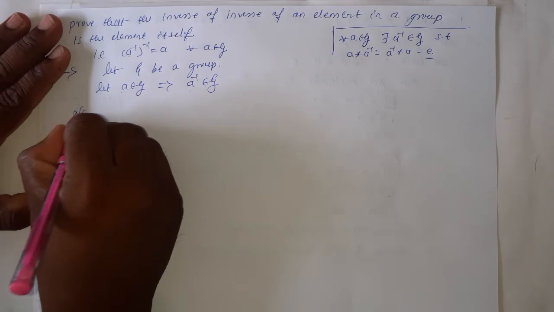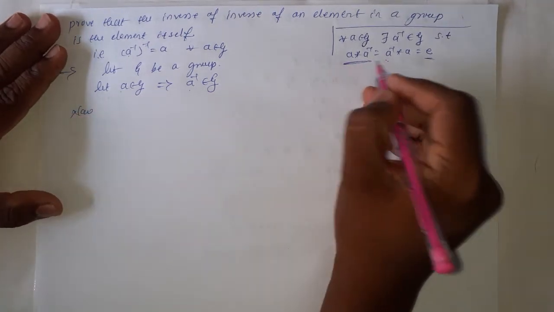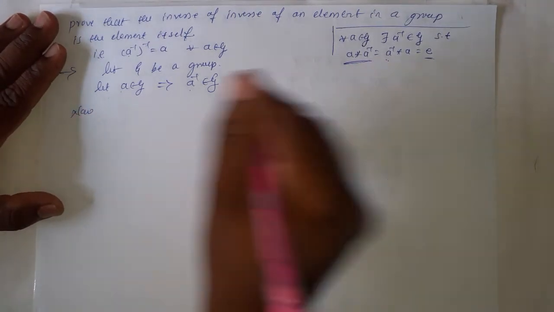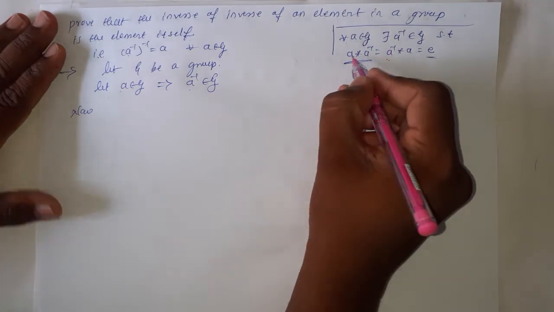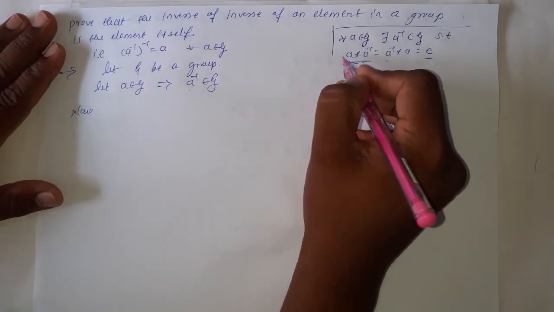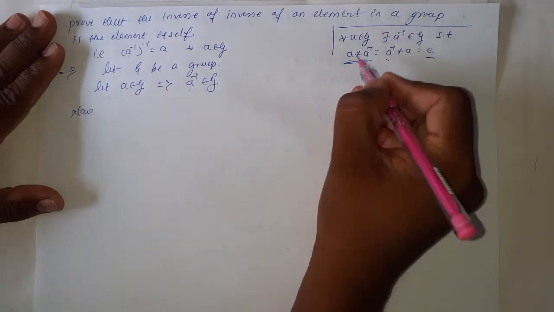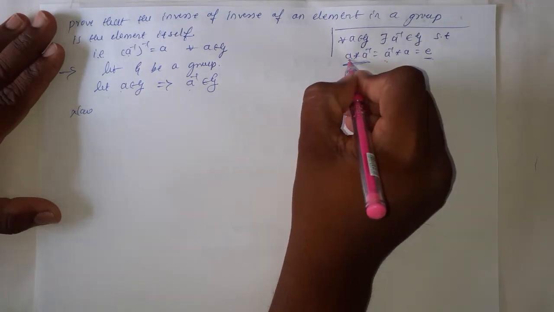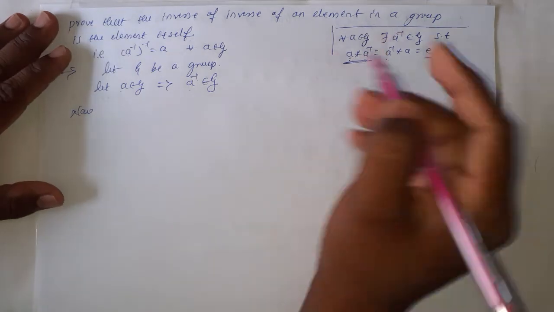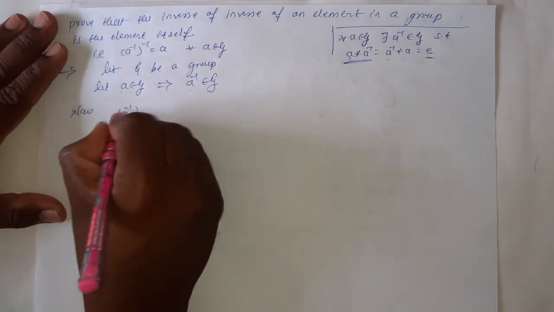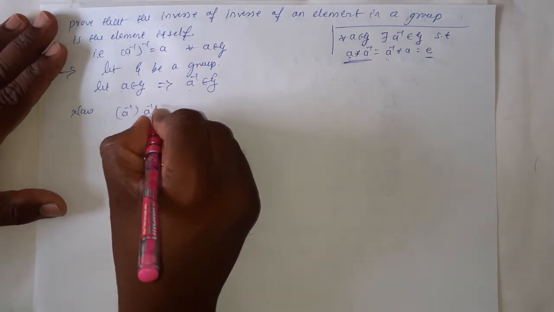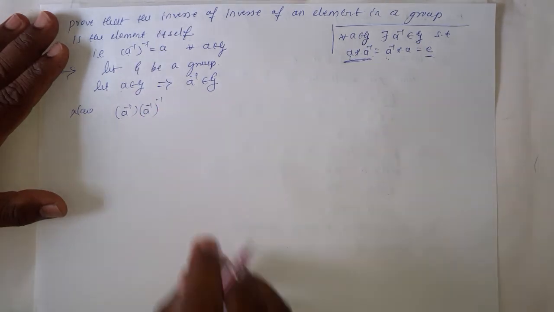Now by using the condition A star A inverse, we have written this for A. Let us write the same condition for A inverse, that is, in place of A, let us substitute A inverse. Then that becomes A inverse into A inverse whole inverse.